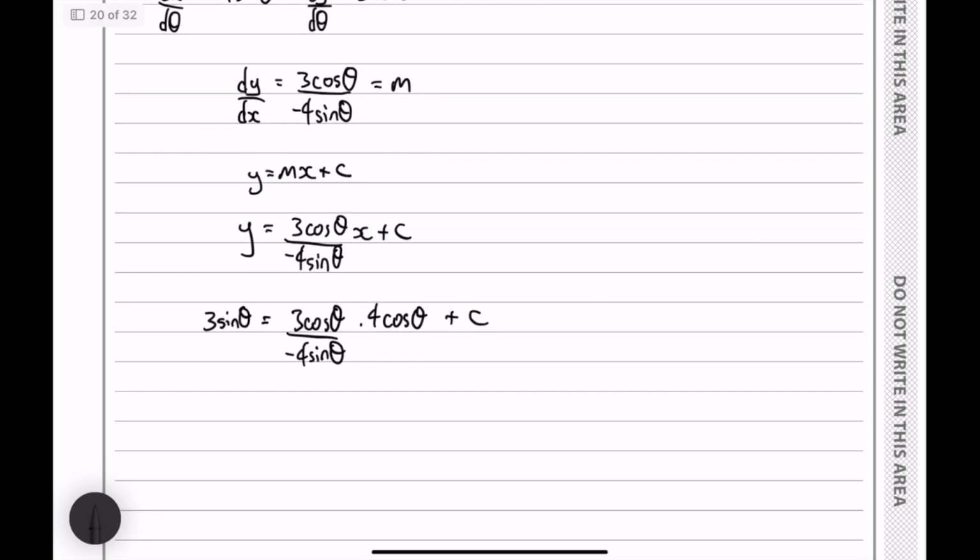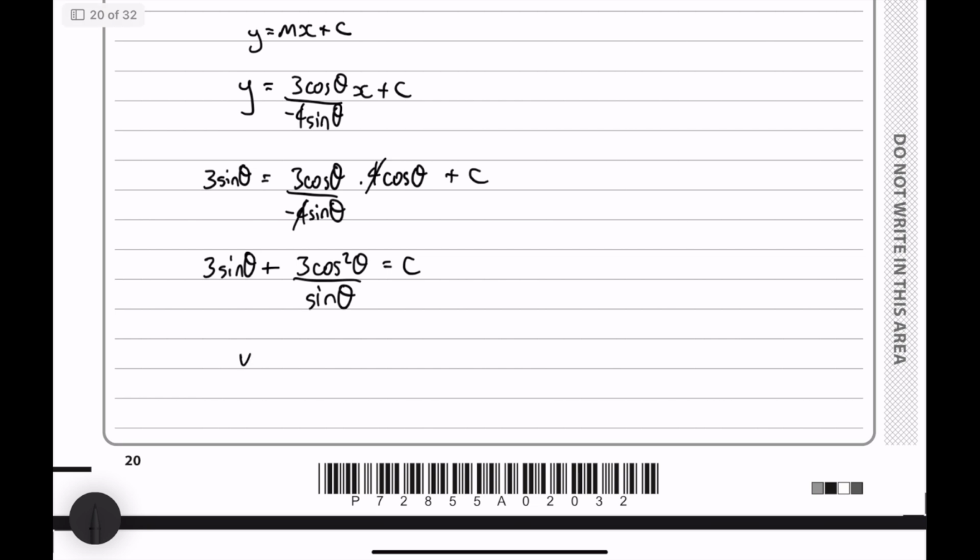Now we can simplify. Can we simplify? Not really. We can get rid of the 4's at least. So let's call this 3 cos squared theta over minus sine theta, but we're going to bring it on the other side. 3 sine theta, and that is equal to c.